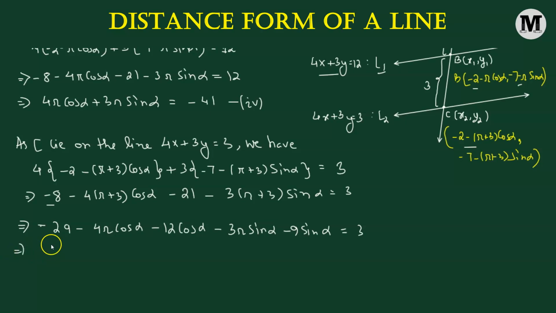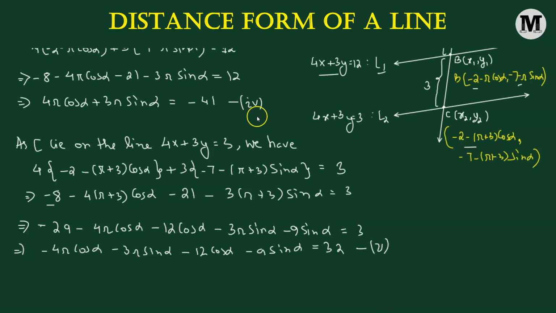So we now have -4r cosine of angle alpha - 3r sine of angle alpha, then we have -12 cosine of angle alpha - 9 sine of angle alpha equal to, so we transpose -29 to the right hand side combined with 3. That's going to give us 32. Okay, fine. So let's do one thing. Let's name this as number 5.